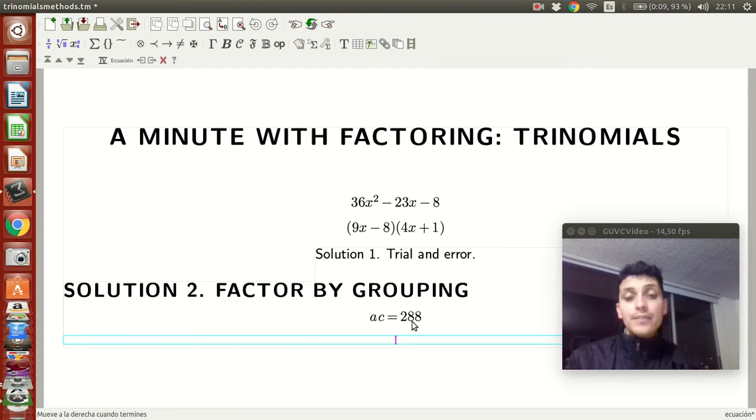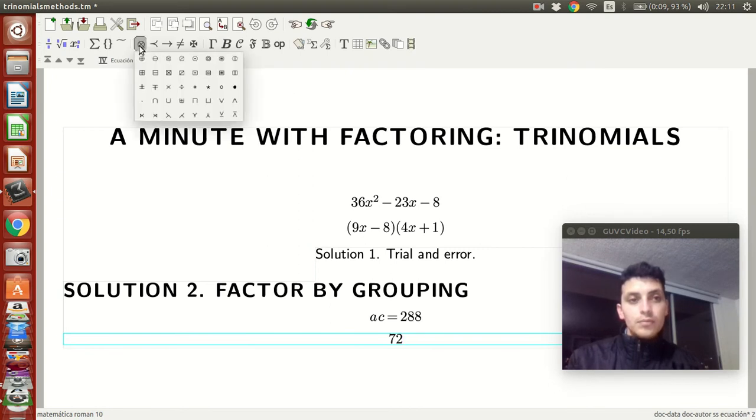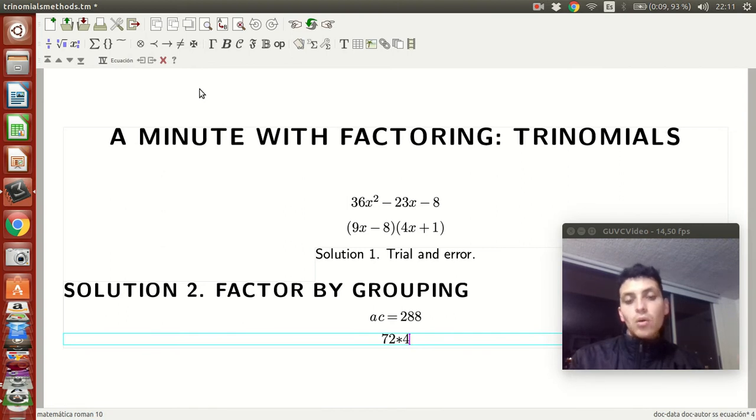A half, 72. 72 times 4, no. A half, 36 times 8.